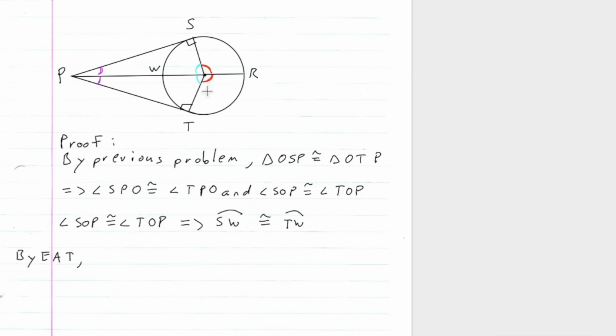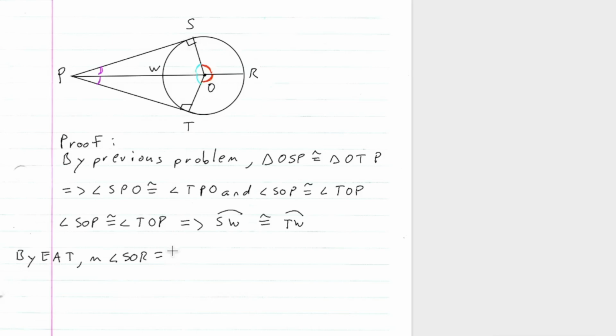I'm going to try to prove that those two are congruent by using the exterior angle theorem. So we have that the measure of angle SOR, which is this guy right here, is equal to, remember the exterior angle theorem states that it's equal to the sum of the remote interior angles.